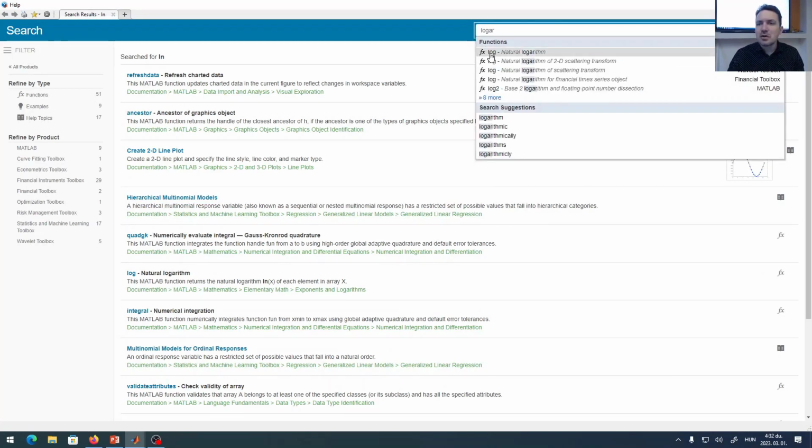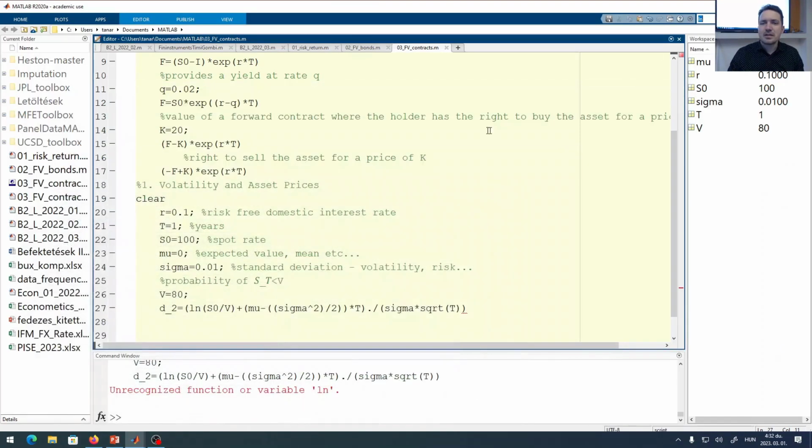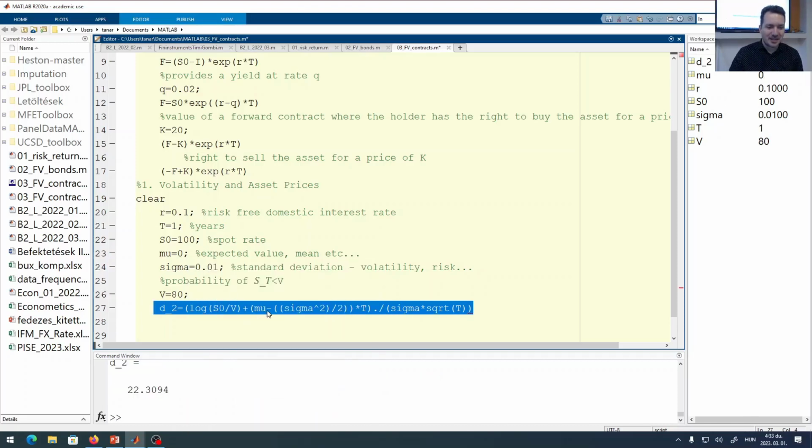Oh, just a simple log. Okay, because log is always not the natural logarithm in Excel, because this is the significant difference between Matlab and Excel.